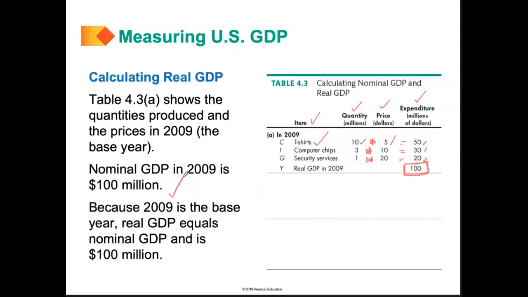So one thing we can say is that in the base year, real GDP always equals nominal GDP, because the years are essentially the same.